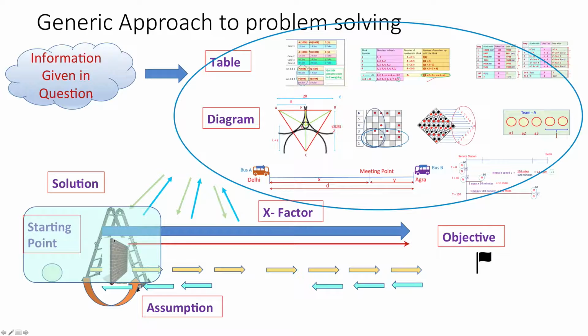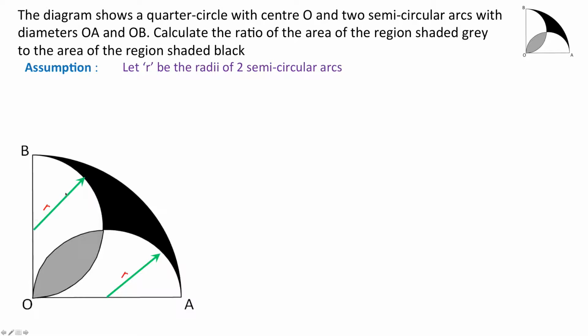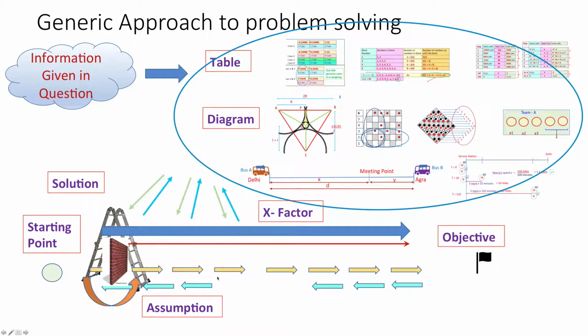You don't even know the radius to find the area of the semicircle, which means that's the time to make an assumption. So we'll make an assumption that the radius of the semicircle is r, as shown here. The radius of the semicircle is r, which means the diameters OA and OB will be of length 2r. Yeah. What next in our solution journey?